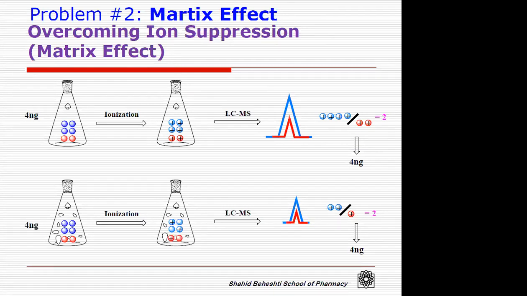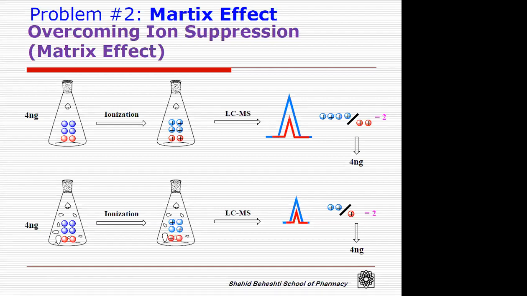They are all mixed together, and we ionize them, and we inject them into the LC-MS system. Of course, we get a proportional signal for each one of them. Since I have 4 nanograms of the natural, which is the blue one, I get the signal for the natural phenylalanine, and I get another signal for the labeled phenylalanine, which, since the concentration is half of the natural, is going to be half of the signal of the natural as well.